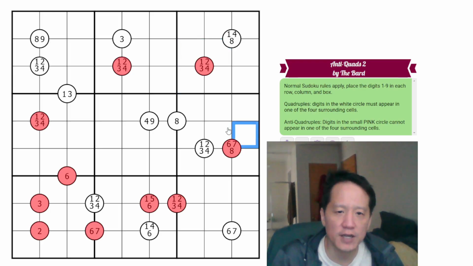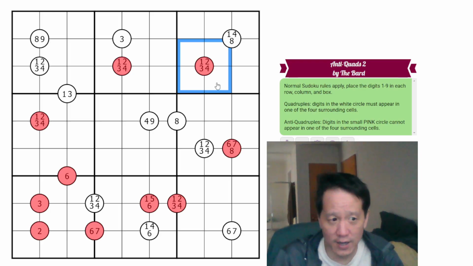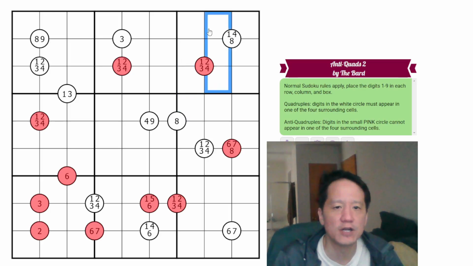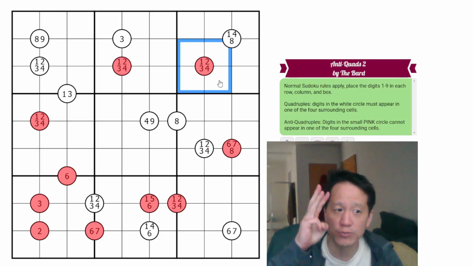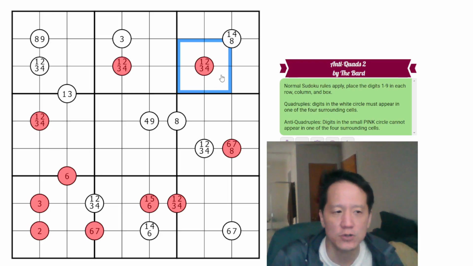So instead of requiring the digits to be in the four surrounding cells, the anti-quadruple rule, which is specifically for the pink or red circles, says that the digits inside cannot be in any of the four cells surrounding that anti-quadruple. So this cannot contain a 1, a 2, a 3, or a 4 because those are specifically in the anti-quadruple rule. And those are all the rules.